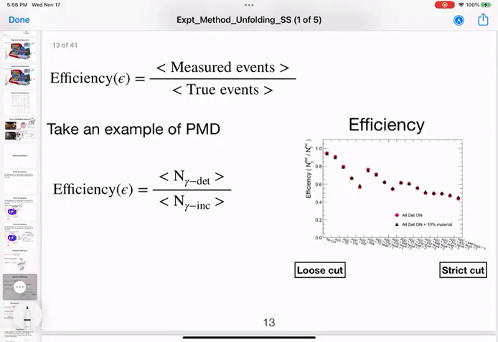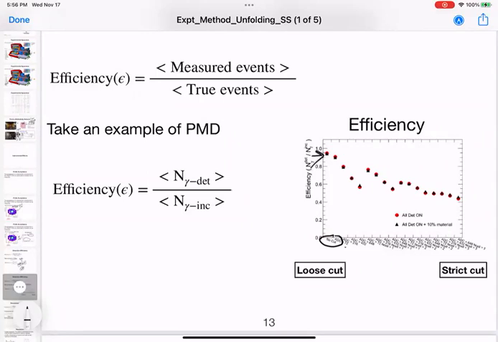So this figure shows how the efficiency in the PMD looks. The x-axis is actually the various cuts or thresholds that I talked about. When we have no cut, meaning we are not applying any discrimination cut, we can see our efficiency is very high.